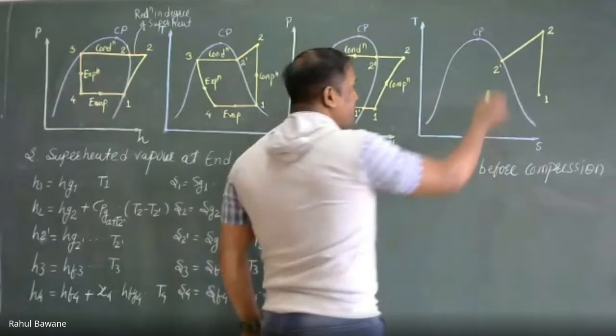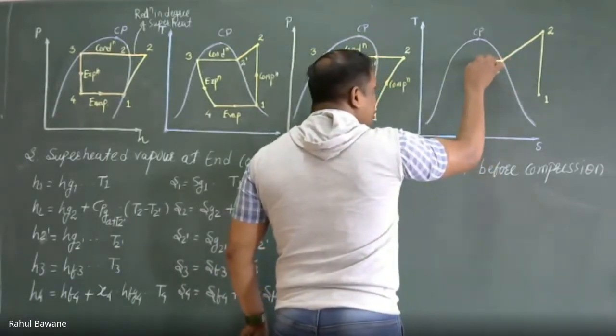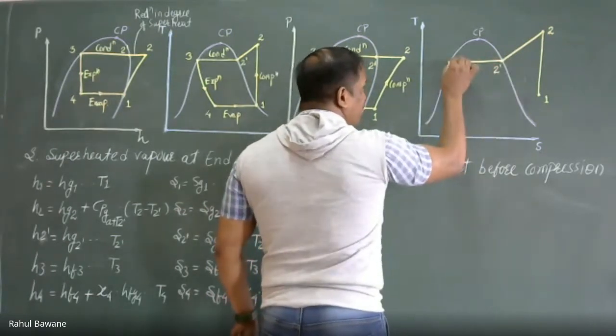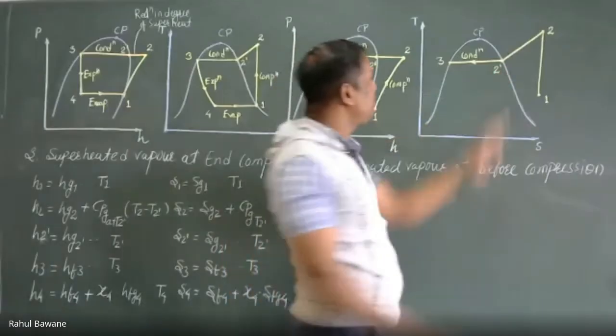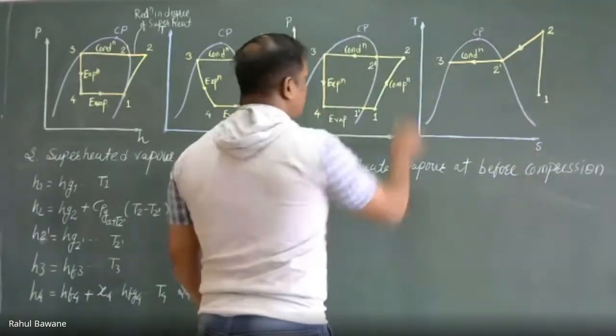Then I am extracting latent heat, so there is no change in temperature, only a phase change takes place. Due to this, after condensation, I observe point 3. This is condensation. So this is the degree of superheat which is reduced.